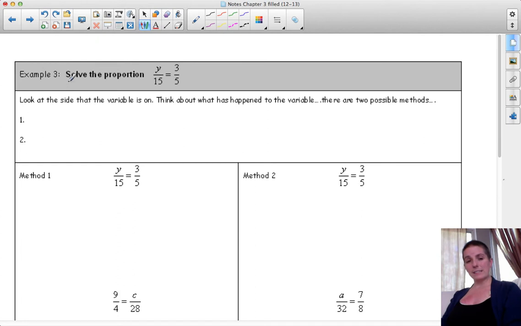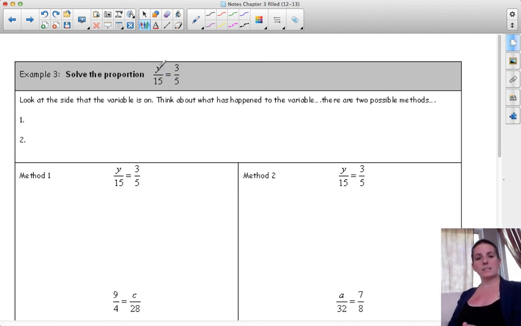Now, in example 3, we're going to solve the proportion. I want you to notice that when we solve proportions, we're going to do it several different ways. But when we see a nice, easy problem with one single variable and 3 other numbers, then the easiest way to do this problem is using method 1.